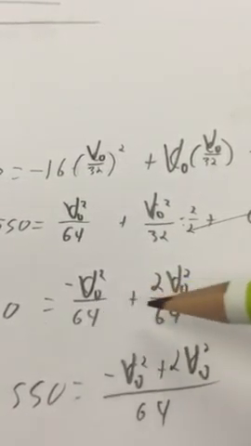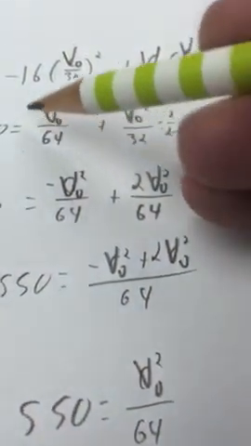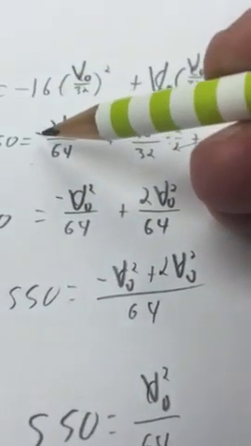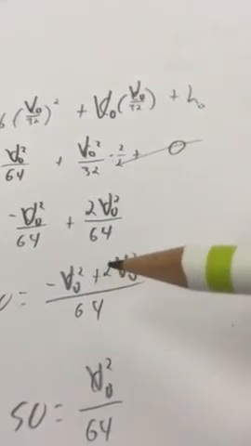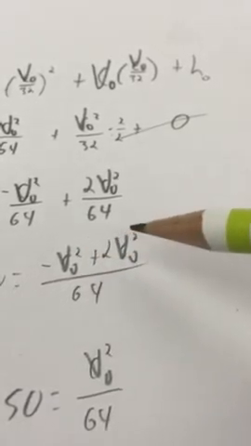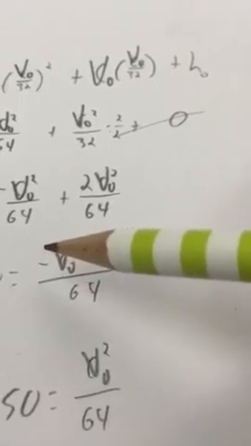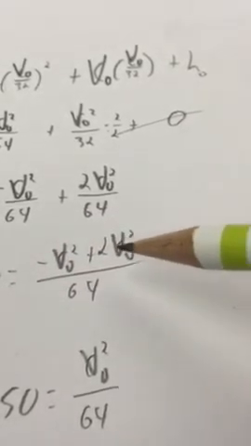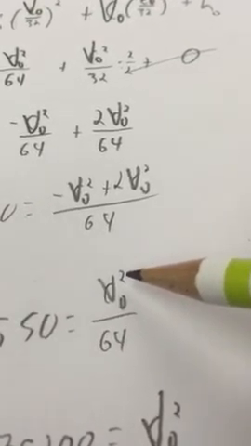Now the denominators are the same. So what we can do, don't forget, this was a negative, so that's a negative. Now we can combine them into one fraction: negative v sub 0 squared plus 2 v sub 0 squared over 64. With one negative and two positives, they combine together to make one positive.